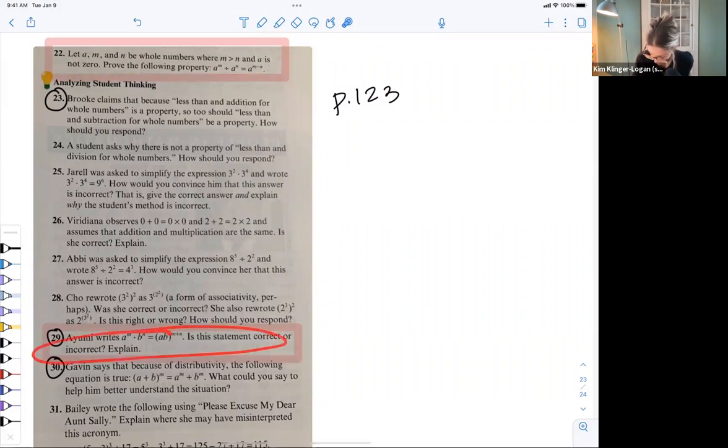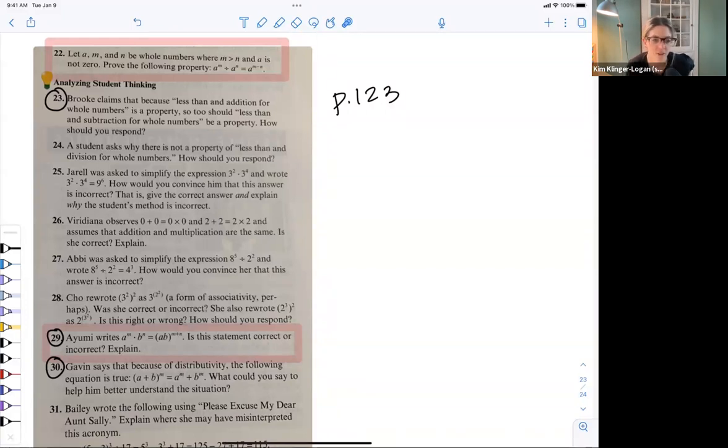Number 29 here is a different flavor, but a similar type of problem. So here we're looking at a rule, but this is one that your student has contrived or written down themselves. And you want to say if this student is correct or incorrect, if this is a rule or not a rule, and explain why.